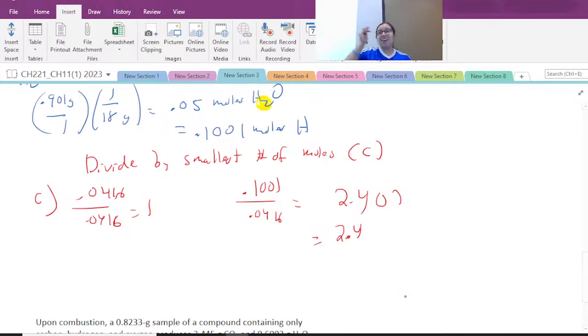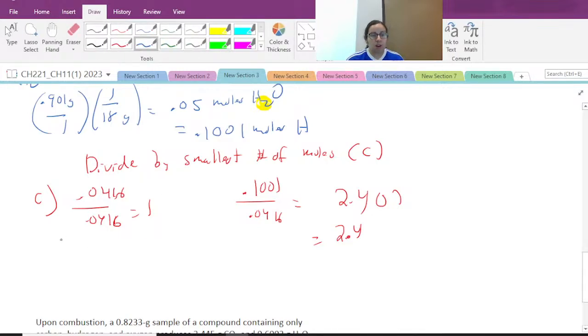That's too much rounding. I don't want to say that's wrong, but there might be too much rounding, and so that's part of our judgment call. So let's just say lots of rounding, then we could do this carbon to hydrogen 2.5, which gives us about C2H5.